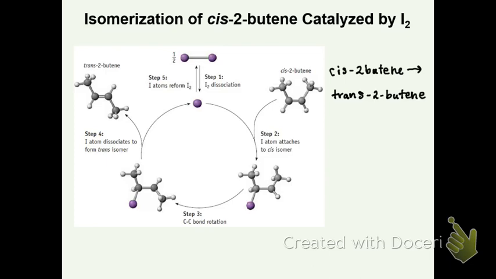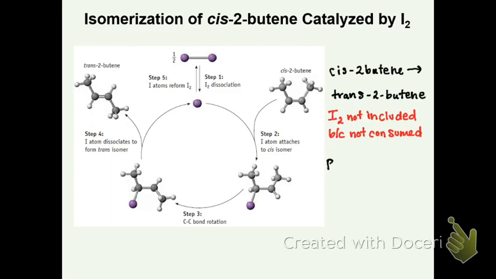So the iodine isn't included in the balanced reaction because it's not consumed. However, the iodine is going to be in the rate law.